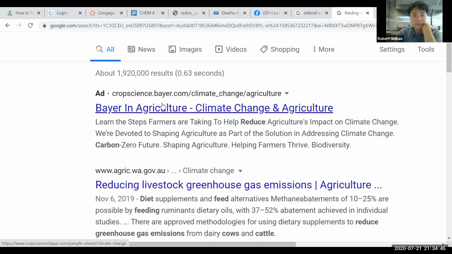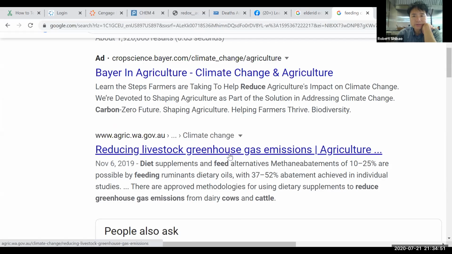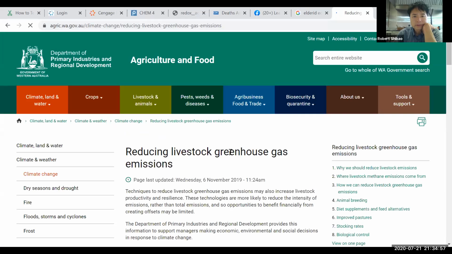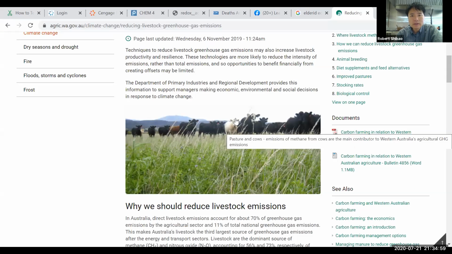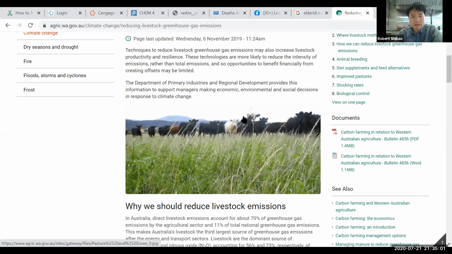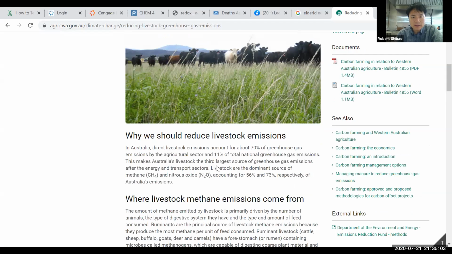Yeah, so it looks like Bayer's doing it. Reducing livestock greenhouse gas emissions. So apparently they're feeding cows some kind of enzyme, and this enzyme helps them digest methane.